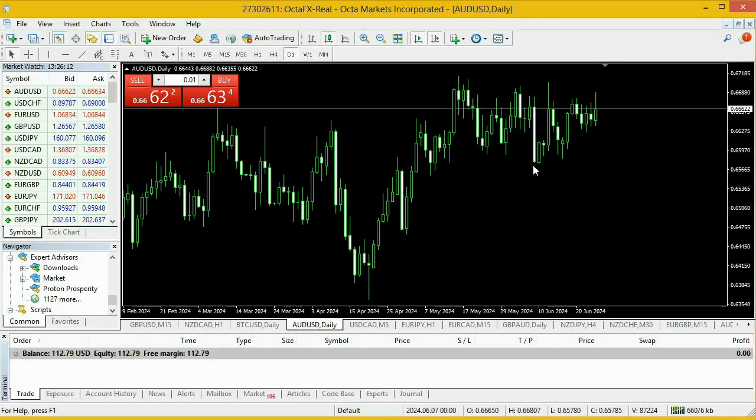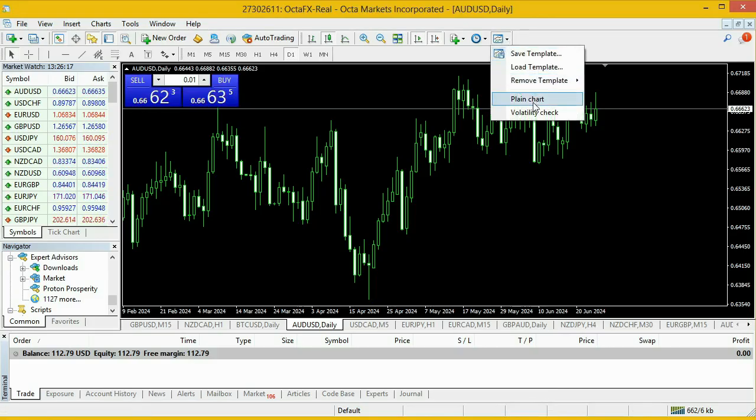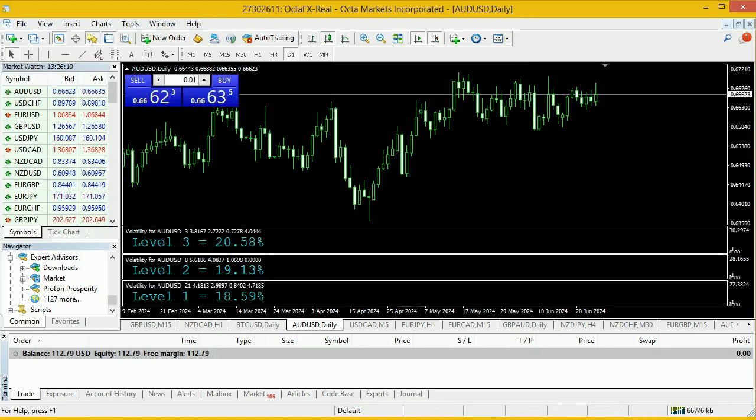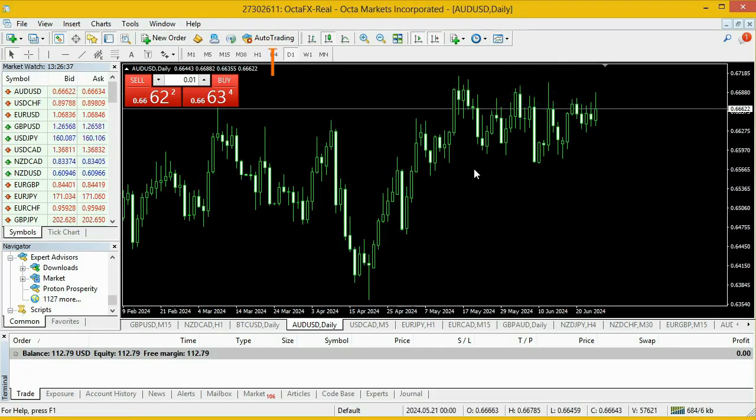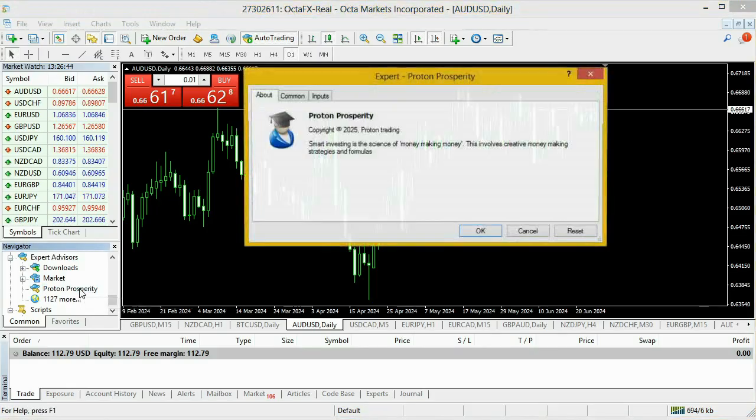Moving forward. Our next trade is on the Australian dollar and US dollar currency pair. This time the sequence is correct. We need to enable automated trading. And then we load the expert.